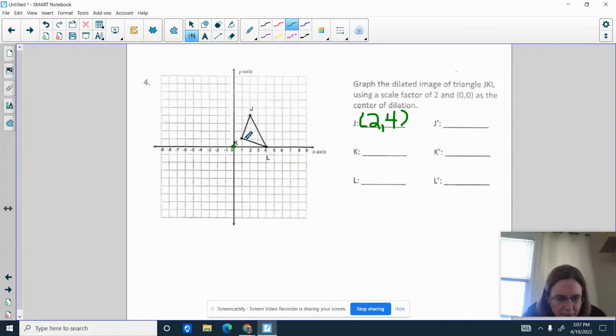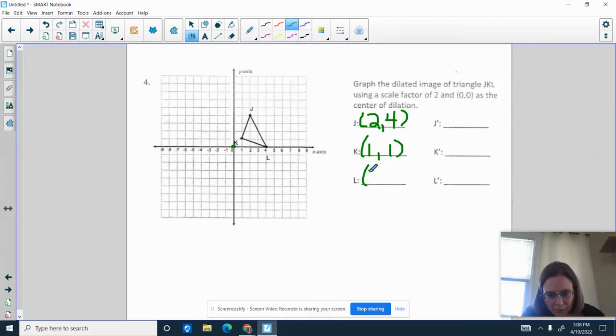K is 1 on the X and 1 on the Y. And L is, I do the X first, is 4, 0.